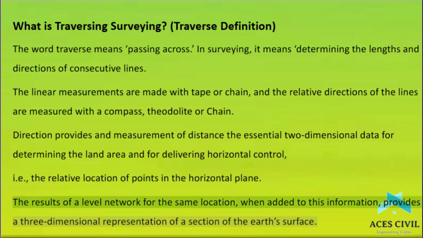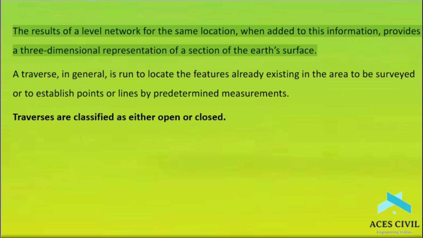The results of a level network for the same location, when added to this information, provide a three-dimensional representation of a section of the Earth's surface.